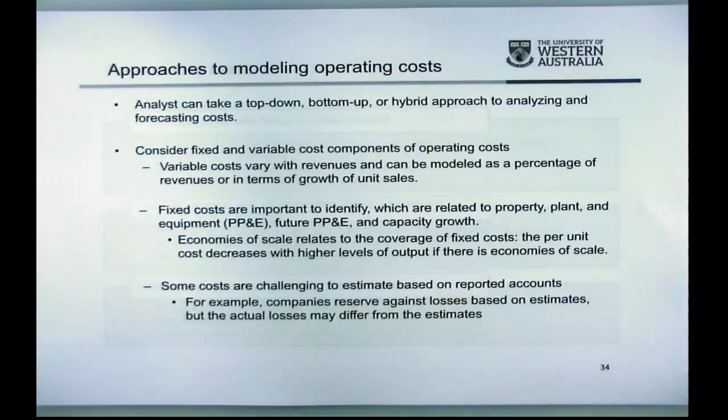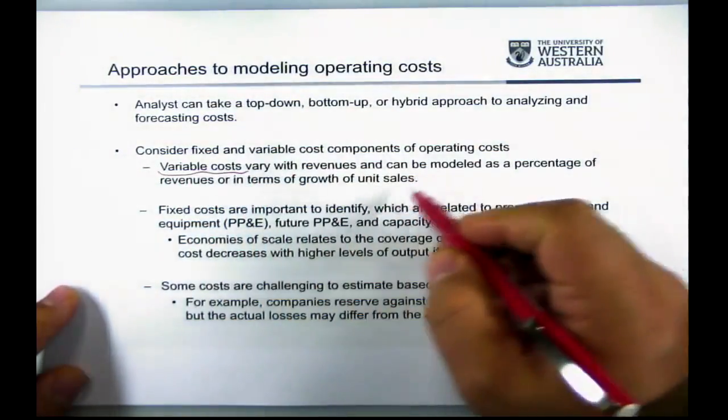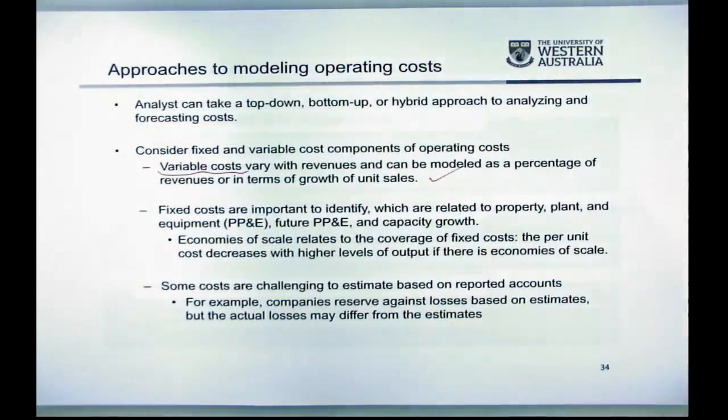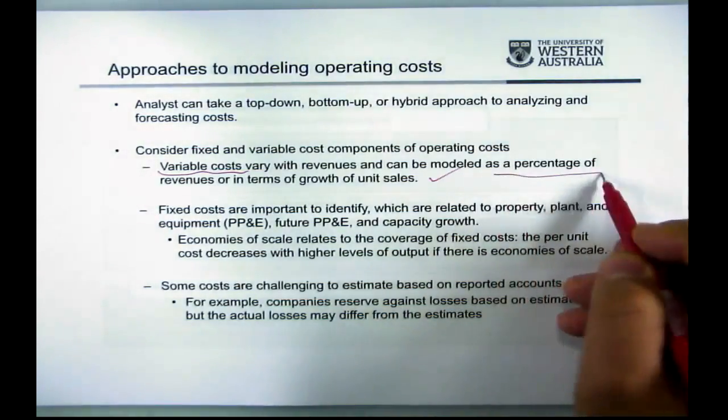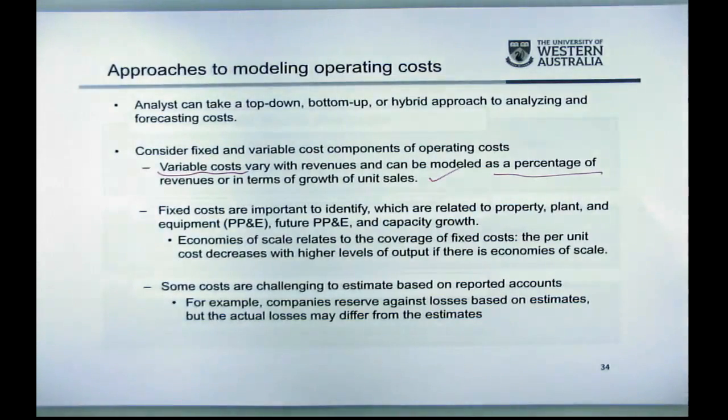The first one is called variable cost. This is the cost that varies with sales. Sometimes we call it cost of goods sold. The best thing to do is to assume that it is a fixed percentage of sales. We see the average ratio between the variable cost relative to sales.